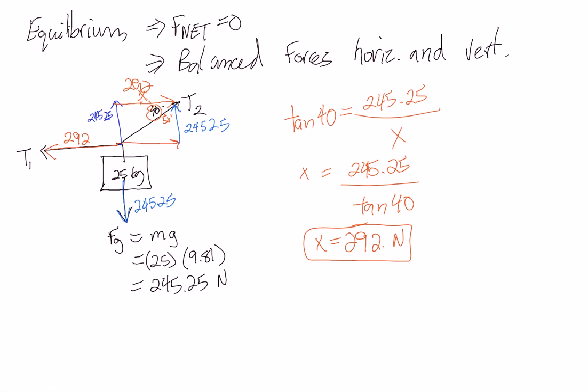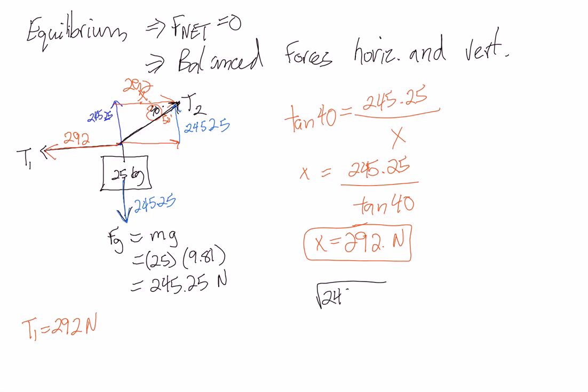So you can see we've got one question answered. We know that tension 1 was 292 newtons. So the only thing we have left to solve for is tension 2, and tension 2 was this angled one. So all we have to do is, we've got our two sides of the triangle, and the easiest way is just to use Pythagorean.